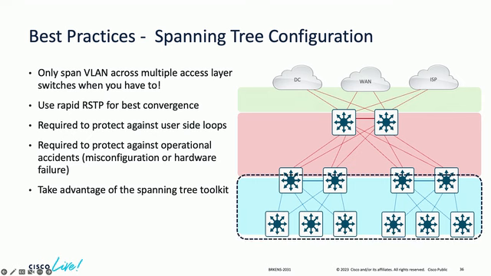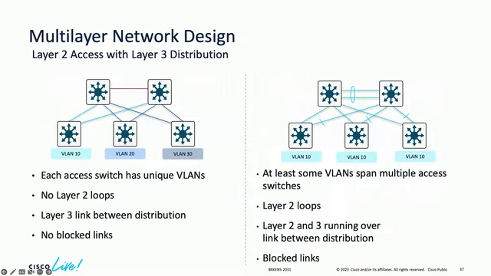And of course, when it comes to spanning tree, it's usually applicable to our access layer. So span VLANs where you have to. We have two approaches. And the rule that Marcin mentioned, following the rule where VLAN equals access device equals subnet, is something that can save us a lot of trouble.